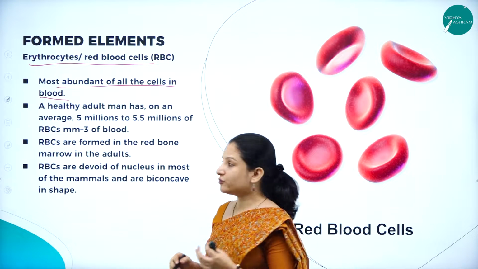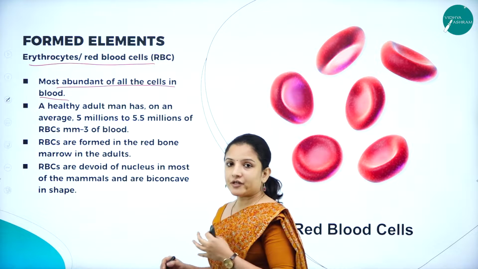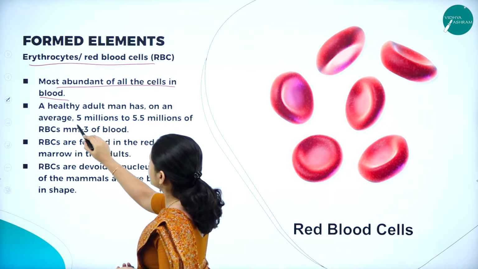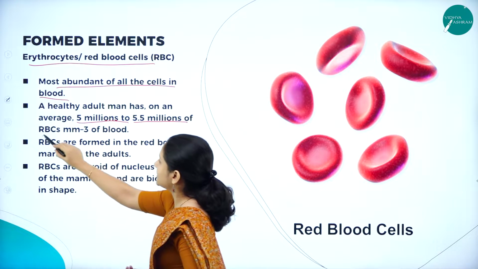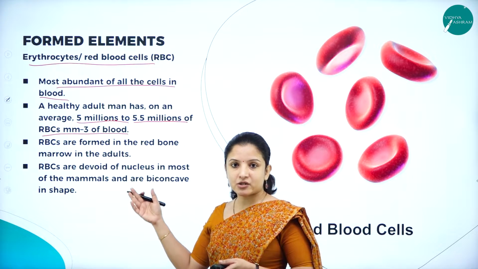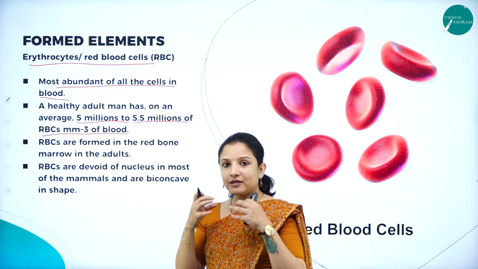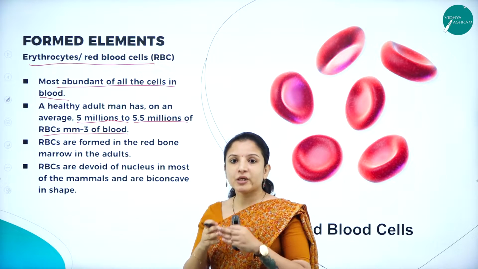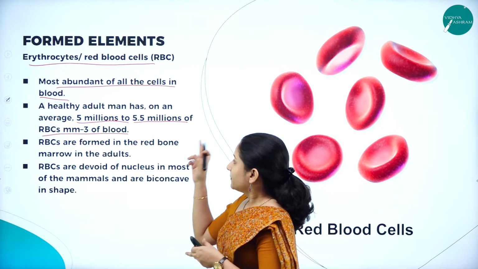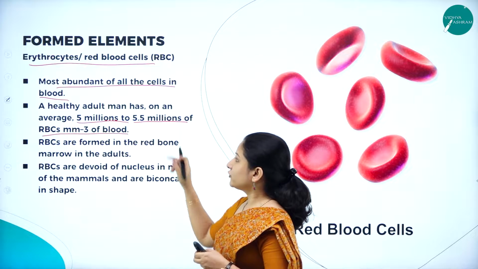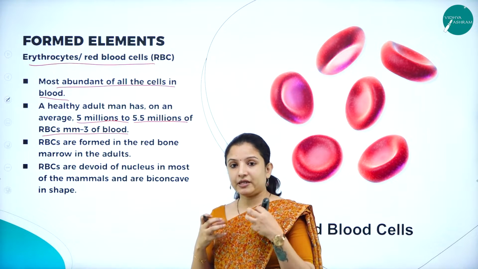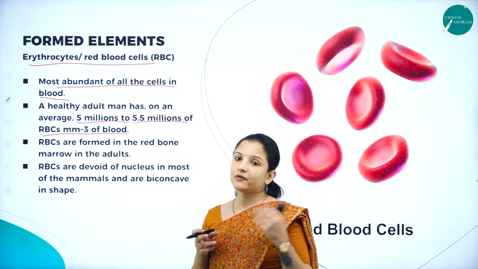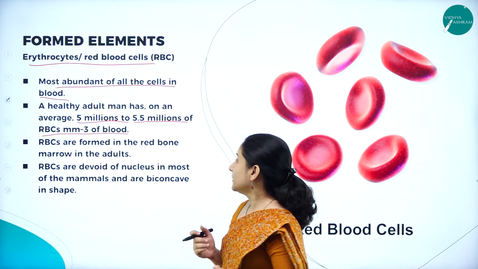And a healthy adult human being, on an average, produces 5 million to 5.5 million RBCs per cubic millimeter of blood. So the blood contains a lot of RBCs when compared to WBCs and the platelets.